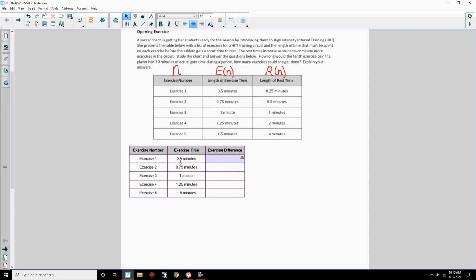You begin the exercise and you exercise for 0.5 minutes and then you rest between exercise 1 and 2. The rest time after exercise 1 was 0.25 minutes, and then exercise 2 was 0.5. So you take 0.5 minus 0.25, and the difference is 0.25. So that goes right there. And we continue doing that, and I'll put a 0 in there too.